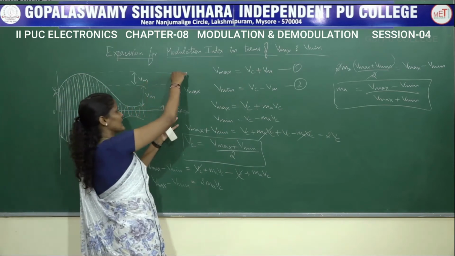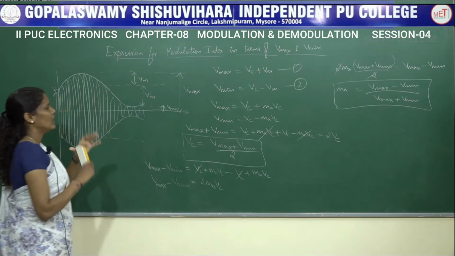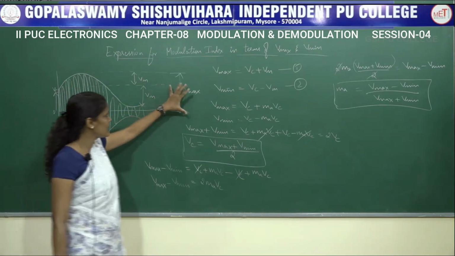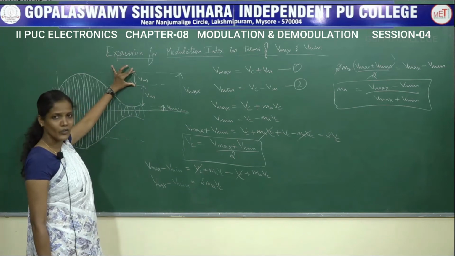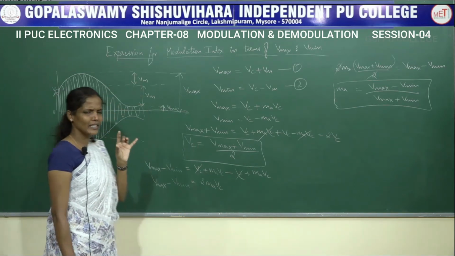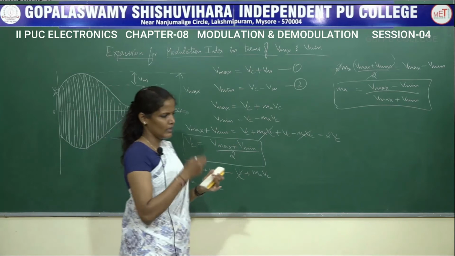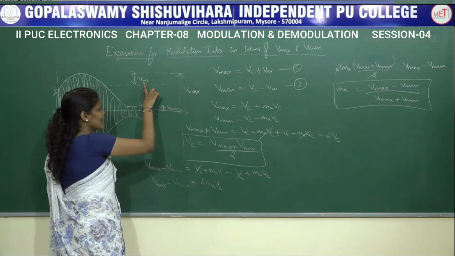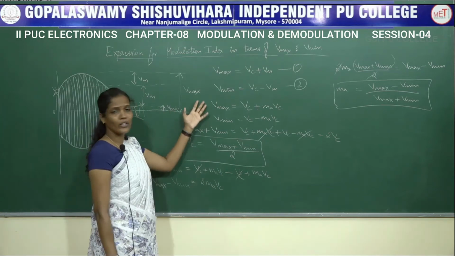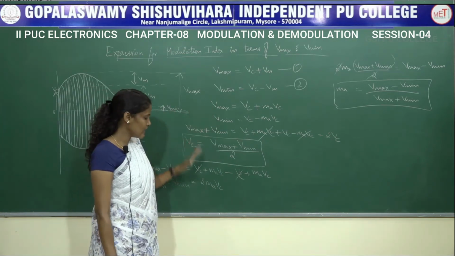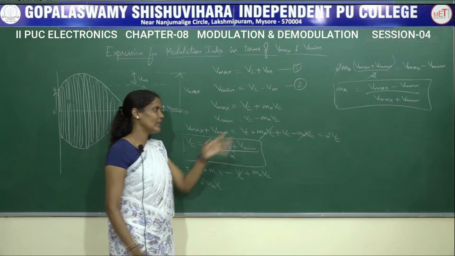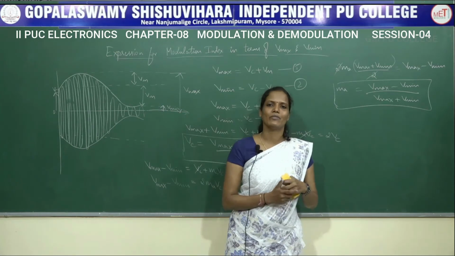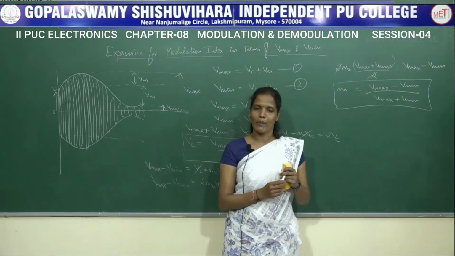V maximum is nothing but the maximum amplitude reached by this VC, and that V maximum will be given by VC plus Vm. V minimum is nothing but the minimum amplitude which is reached by the carrier signal, which will be given by VC minus Vm. Once we add these two equations, and again subtract these two equations, finally we will get an expression of MA equals Vmax minus V minimum divided by Vmax plus V minimum.